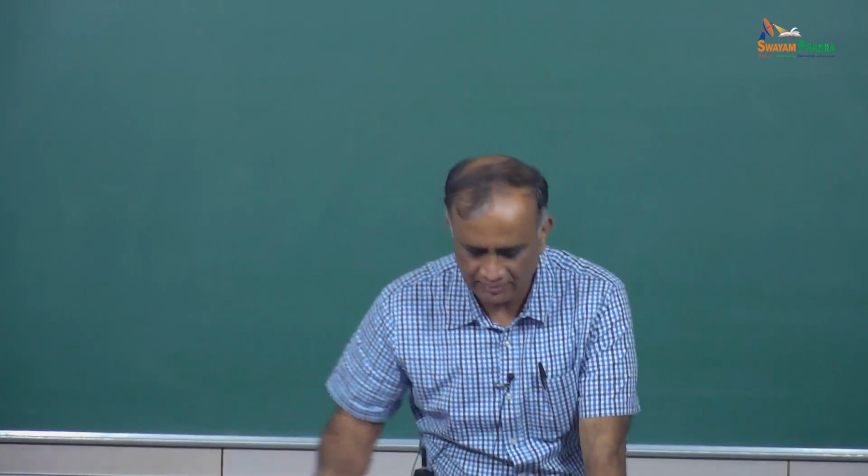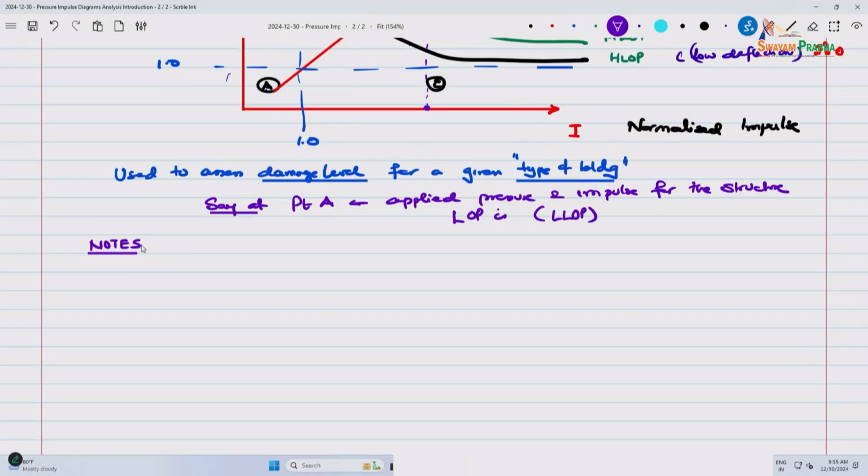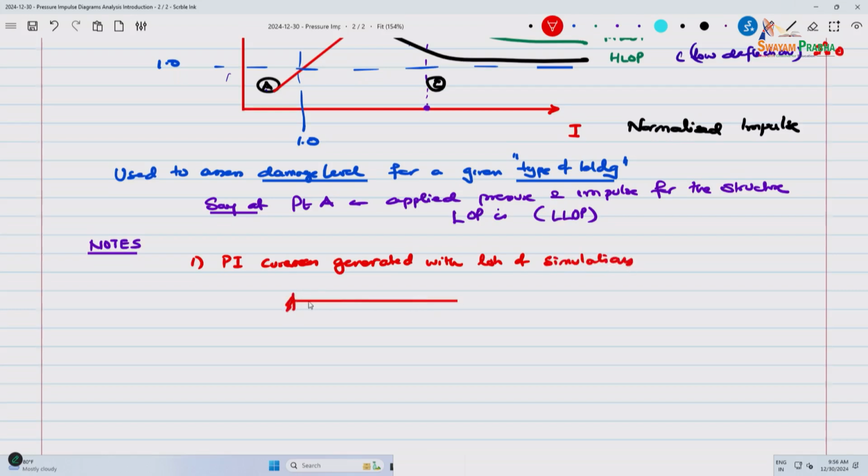Let me mention some notes on it. We are not developing a PI curve. PI curves are generated with lots of simulations first. For example, let's say you have a simple structure and you are applying a PR and IR at this end.